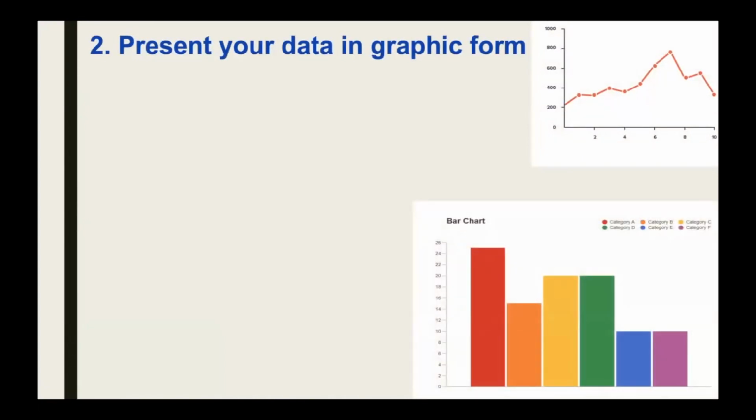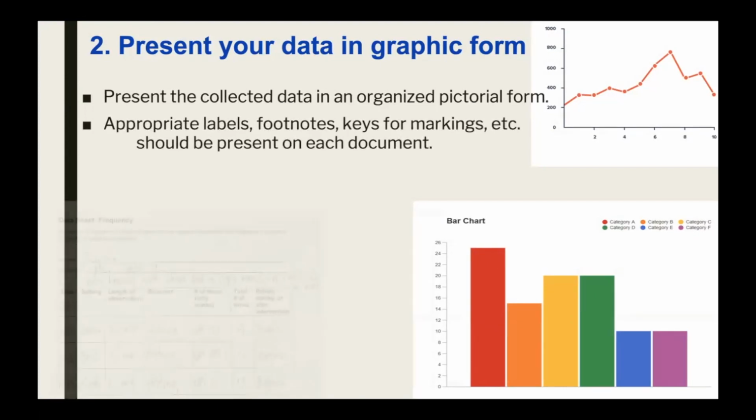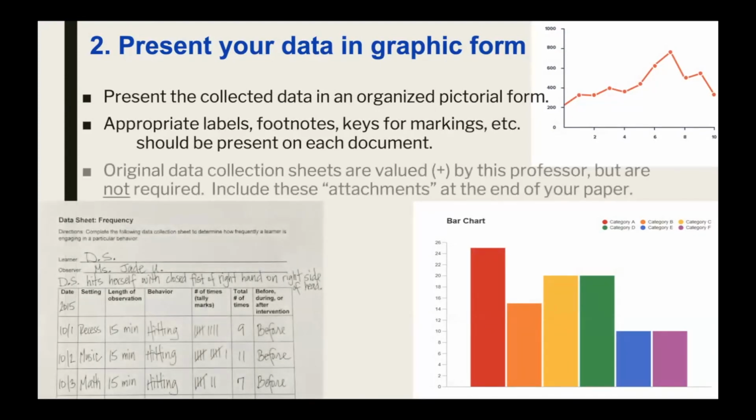All right. And then typically in our reports, in fact, for this particular assignment, you're going to put your data into some pictorial sort of form, some image, a chart, a graph. It could be a line graph, as in the upper right hand corner. It could be a bar chart down in the bottom.